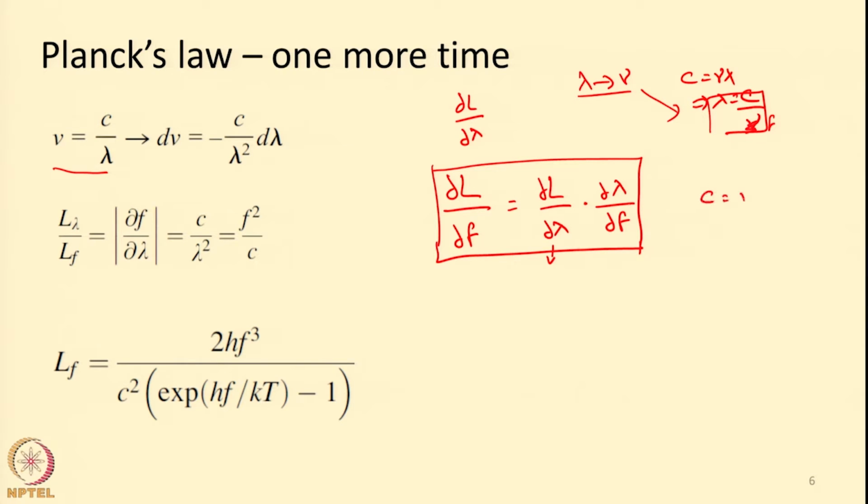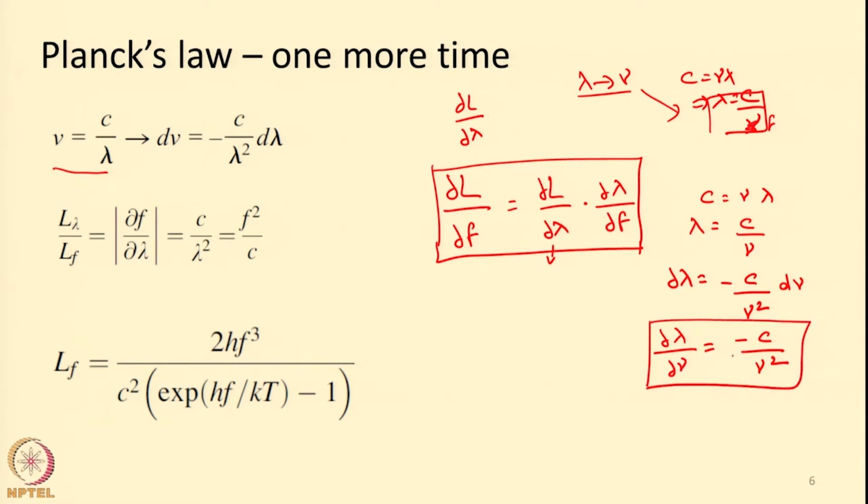So, c = νλ, or λ = c/ν. Just differentiate it once: ∂λ = -c/ν² ∂ν. I am interchangeably using nu and f to represent frequency. So, ∂λ/∂ν is equal to -c/ν².